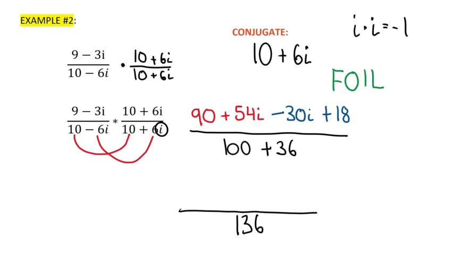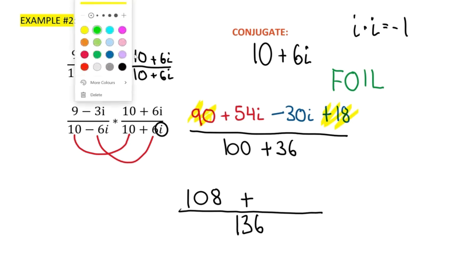And we're going to divide that by what we have on the top. 90 plus 18, which should be a total of 108.